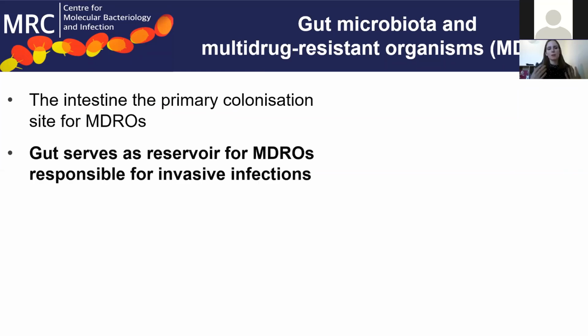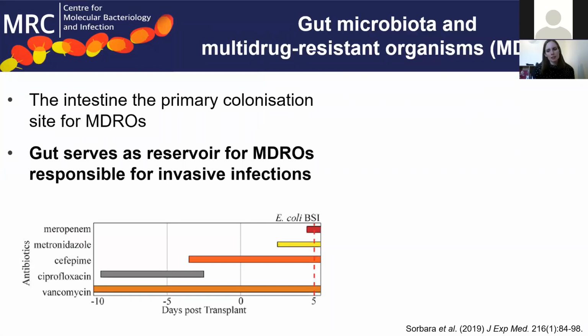So your gut can serve as a reservoir for these multidrug-resistant bacteria, and these are bacteria that can be responsible for invasive infections, things such as bloodstream infections or recurrent urinary tract infections. So ideally, if we don't have this reservoir of bacteria in our gut, we could prevent infections from developing.